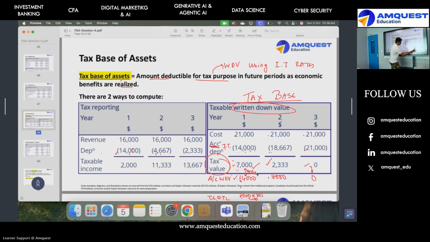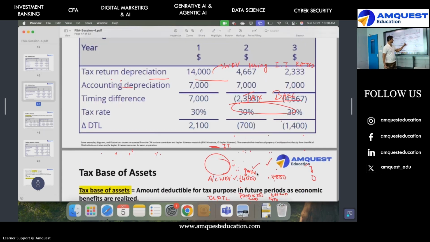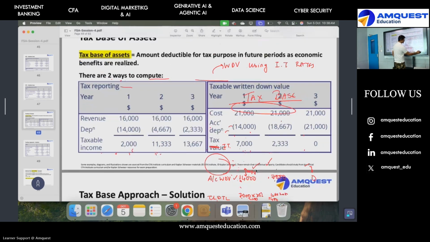What is tax base? 2,333. What is accounting base? 7,000. What is the difference? 4,667. What is the 30% coming to? 1,400. That means closing DTL has fallen to 1,400. And the proof is here. Closing DTL has become 1,400, 2,100 minus 700. And 1,400 minus 1,400 became 0.